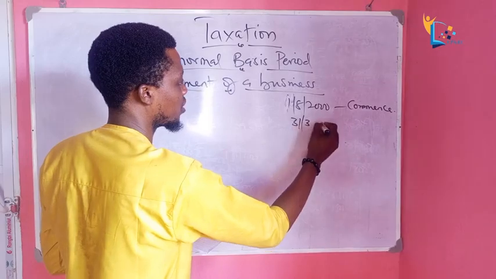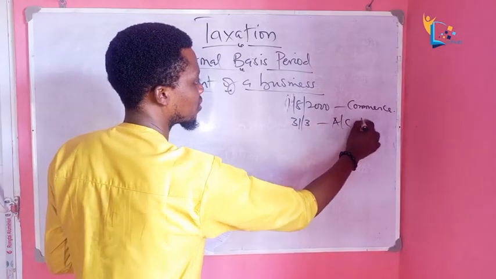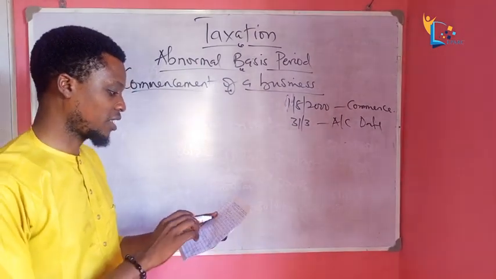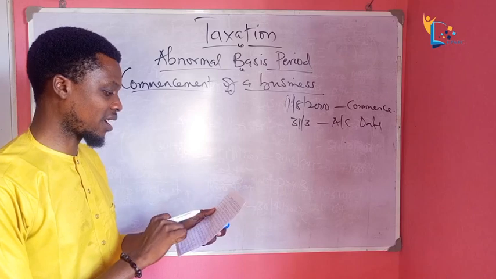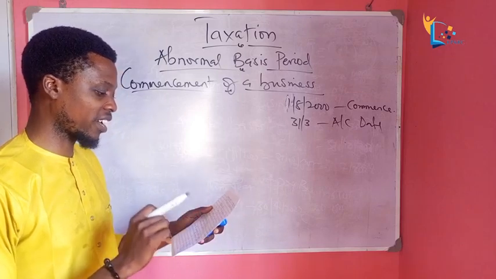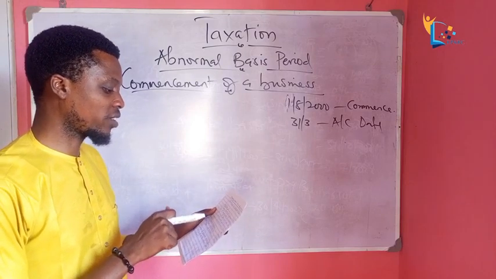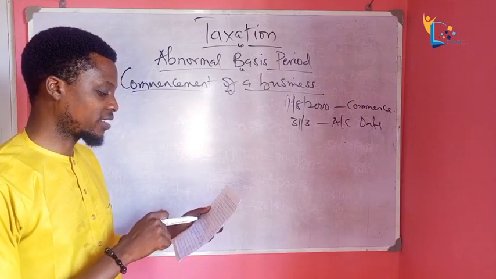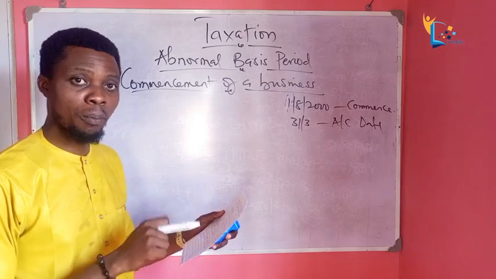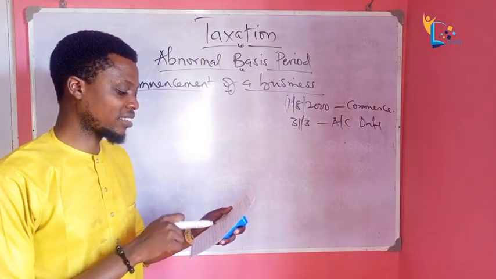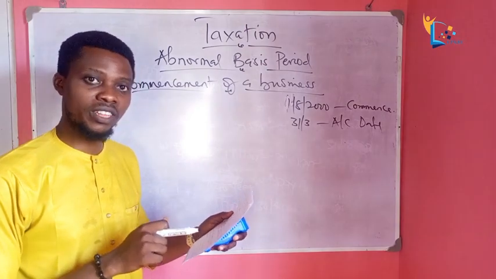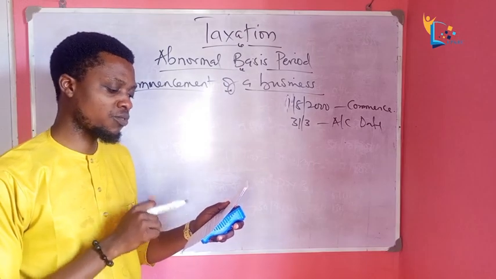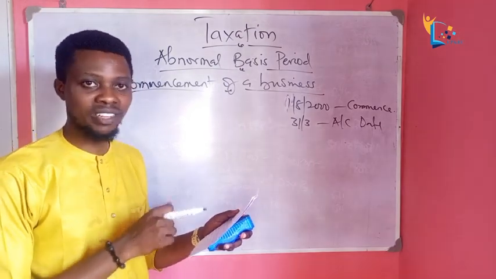The operating results of the business as adjusted for tax purposes are as follows. Period to 31st March 2001 is 1 million. Year ended 31st March 2002 is 1.2 million. Year ended 31st March 2003 is 200,000. Now, compute the assessable profit of the company for all the relevant years of assessment.